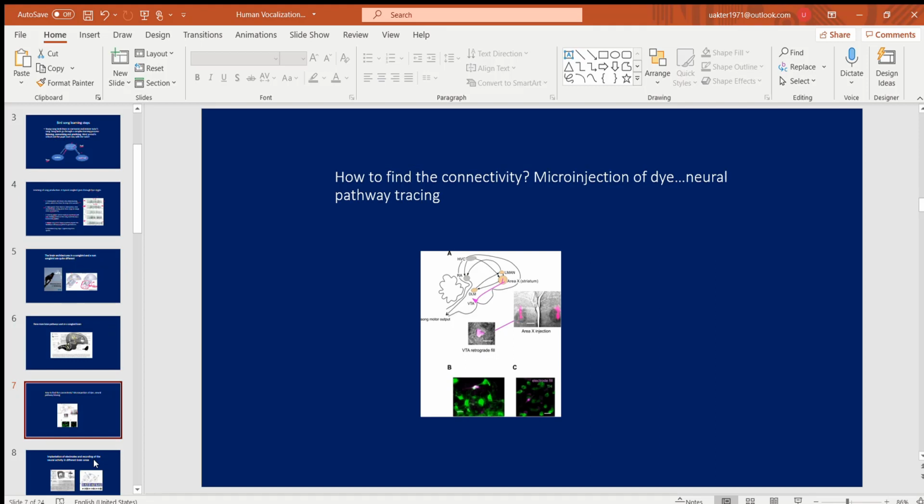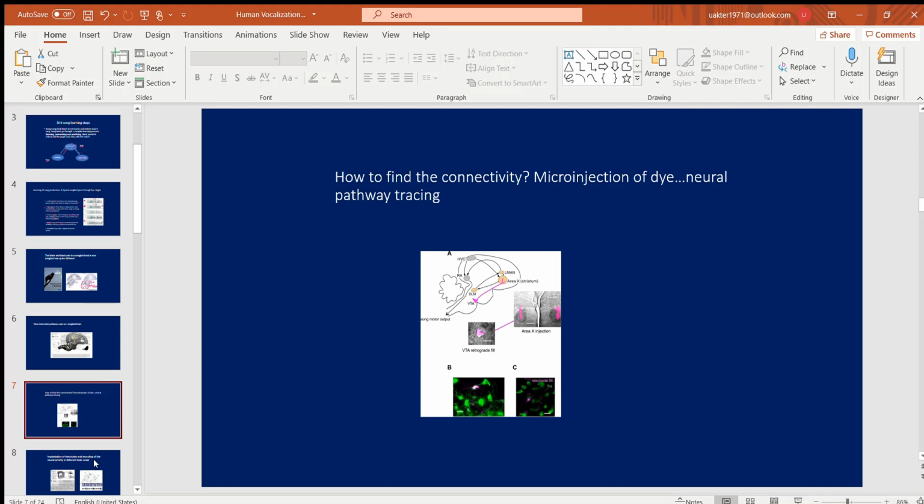How are the studies performed to understand different structures in the brain? One way is just injecting dye that will travel through the axon to the next structure.